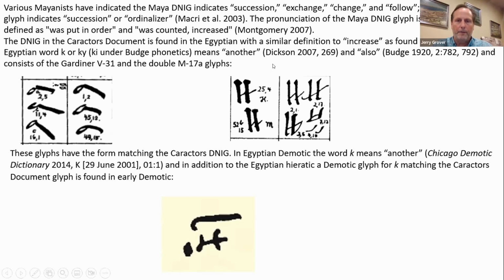So they match. These are the hieratic forms. You have the little curly six and the little H form that make up that word. This is actually the demotic, which is a very close match to the characters document glyph. So again, it's another.